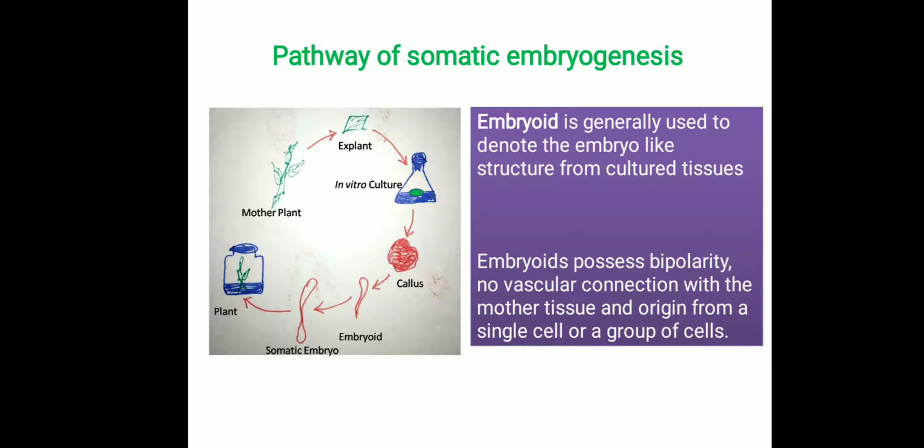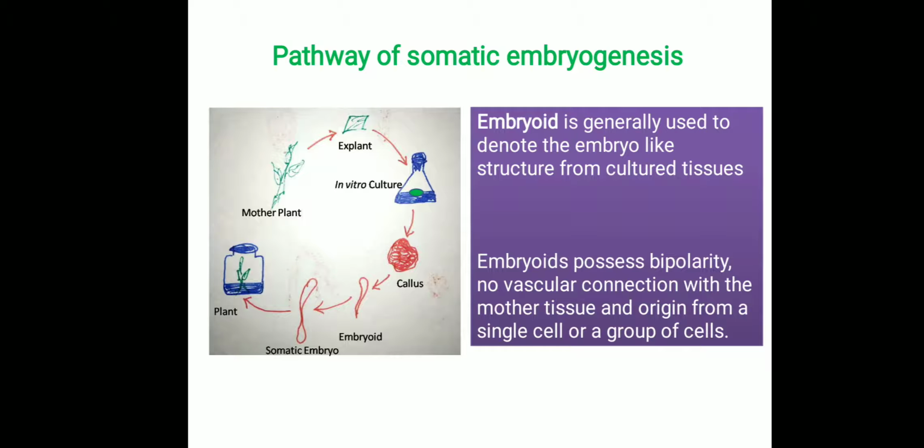Let's see the pathway of somatic embryogenesis. The mother plant is selected, then an explant is excised and cultured in an in vitro medium that suitably triggers the embryogenesis process. In step 1 callus will occur, next embryoids will occur. The embryoid is generally used to denote the embryo-like structure from cultured tissues. These embryoids possess bipolarity, have no vascular connection with the mother tissue, and originate from a single cell or a group of cells.